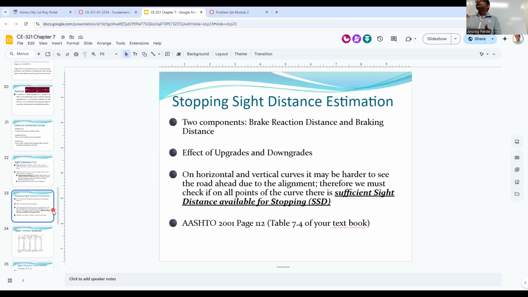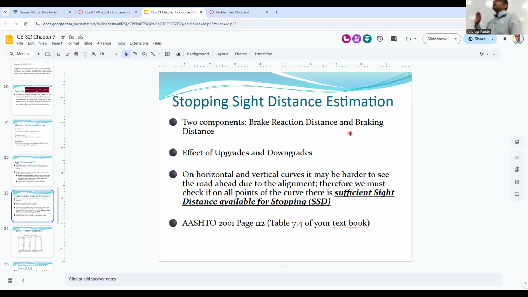You don't react immediately, right? So you take some time to react, and at that time, you have not applied the brakes. So that means you're driving at the same speed that you were at. So basically, you're driving the design speed for the first 1.5 to 2.5 seconds by the time you're reacting to the situation. Okay, so that's your brake reaction distance component.